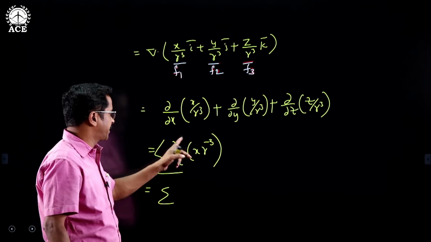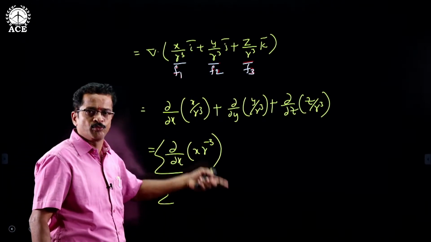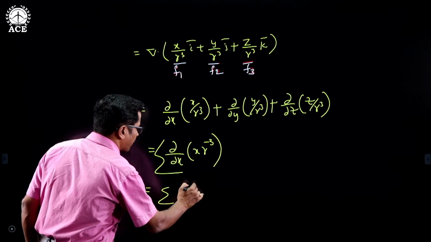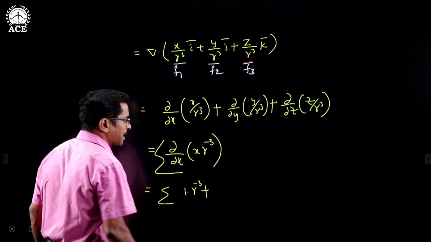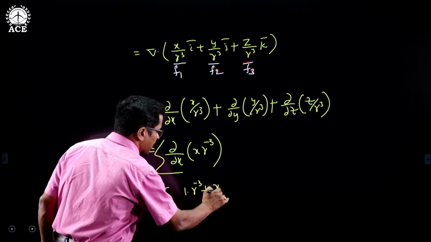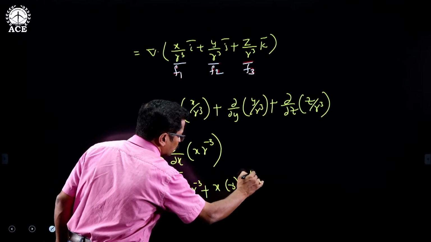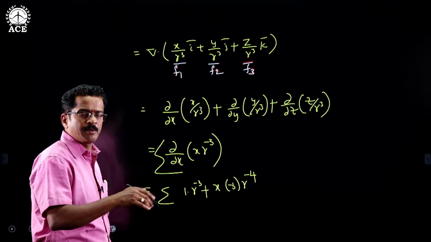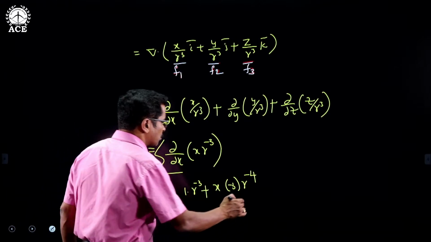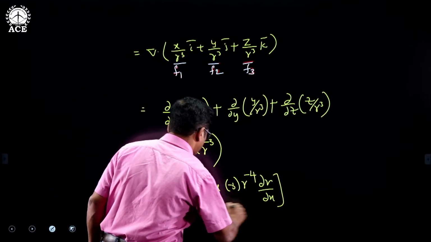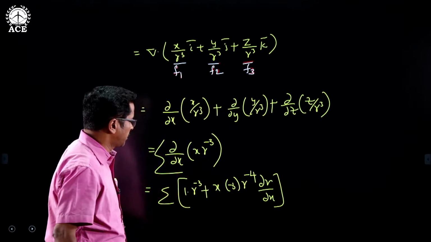You need to differentiate x and r also under the UV rule. So x differentiation is 1, r power minus 3 you write as it is, and you write x as it is, r power minus 3 differentiation is minus 3 into r power minus 4. R power minus 3 minus 1 is minus 4, into dou r by dou x. Okay.